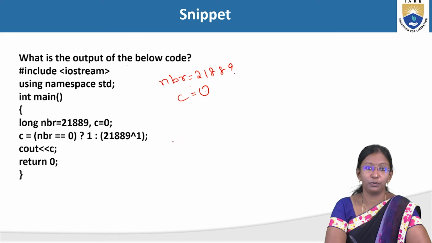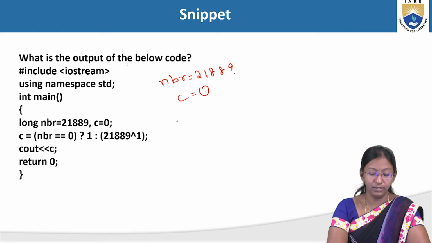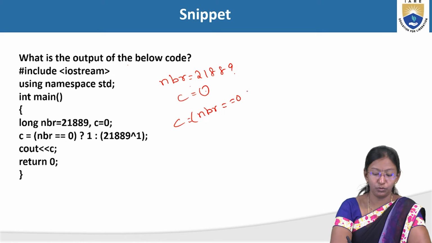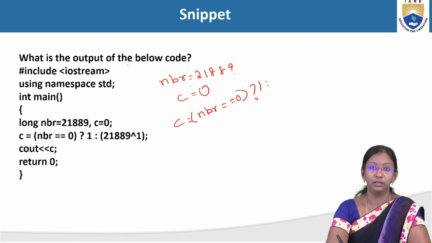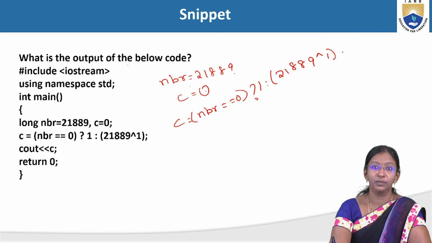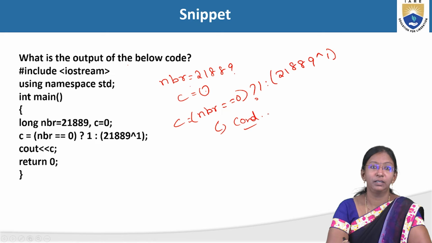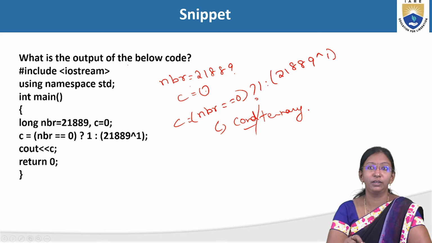They have given us an expression: C = NBR == 0 ? 21889 ^ 1. Yes, it is a conditional control structure, or you can call it the ternary operator.